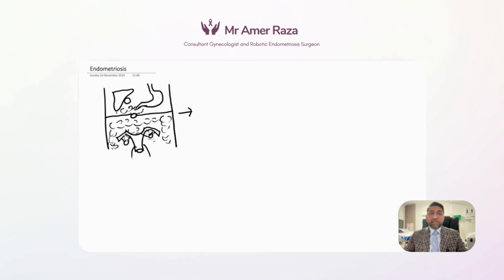Now, endometriosis basically means that the lining of the womb inside the uterus, which bleeds every month as a period, starts to grow outside the uterus in different areas.